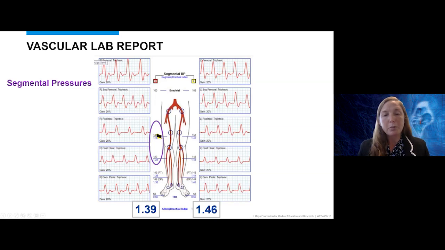So that systolic pressure here in the right femoral of 143, then as we're getting down to the popliteal of 127, and then the posterior tibial 143 and dorsalis pedis of 142. So we can get information about those segmental pressures to help localize where there may be a significant stenosis between femoral, popliteal, and tibial.